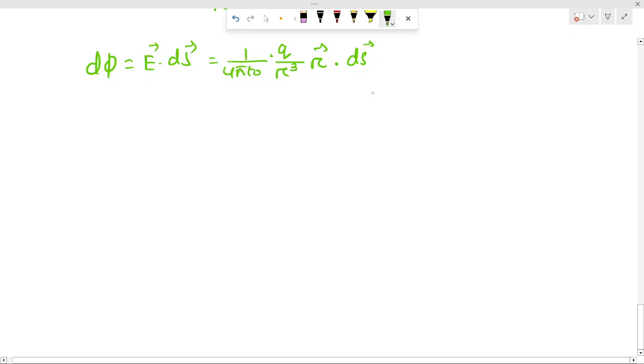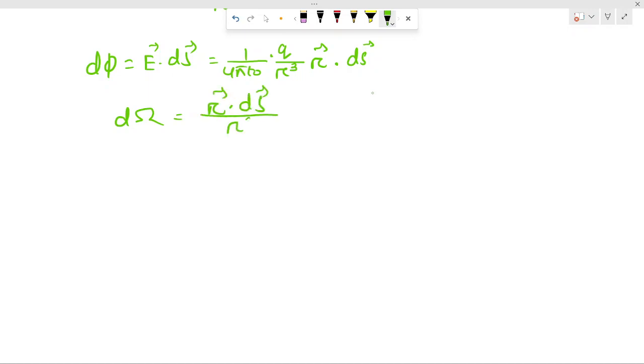As I know, d omega, that is your solid angle, is represented by r dot ds upon r cube. Remember this, d omega, your solid angle, is represented by this much quantity, which is the solid angle.